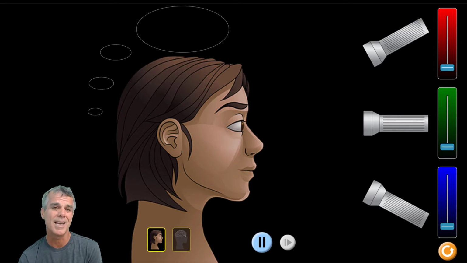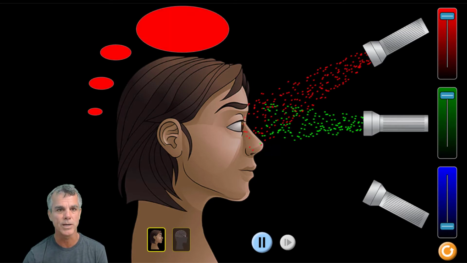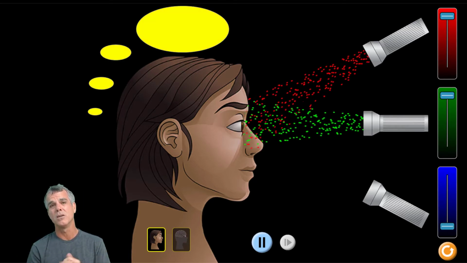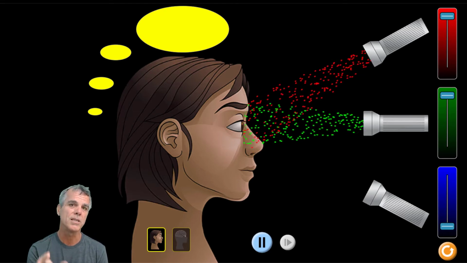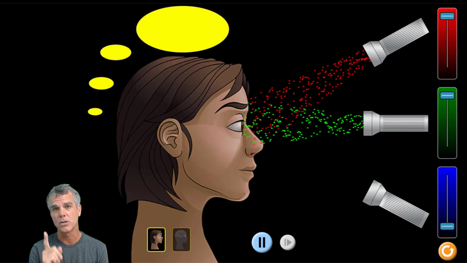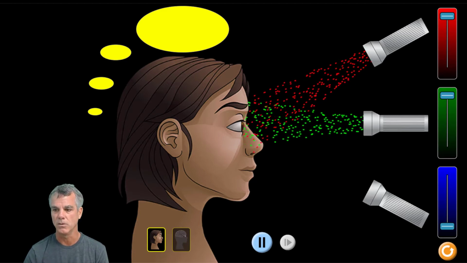So let's look at the rules of color addition. If I add equal amounts of red and green together, so when our red cones are stimulated just as much as our green cones, we perceive yellow. So our first rule of color addition: red plus green equals yellow.